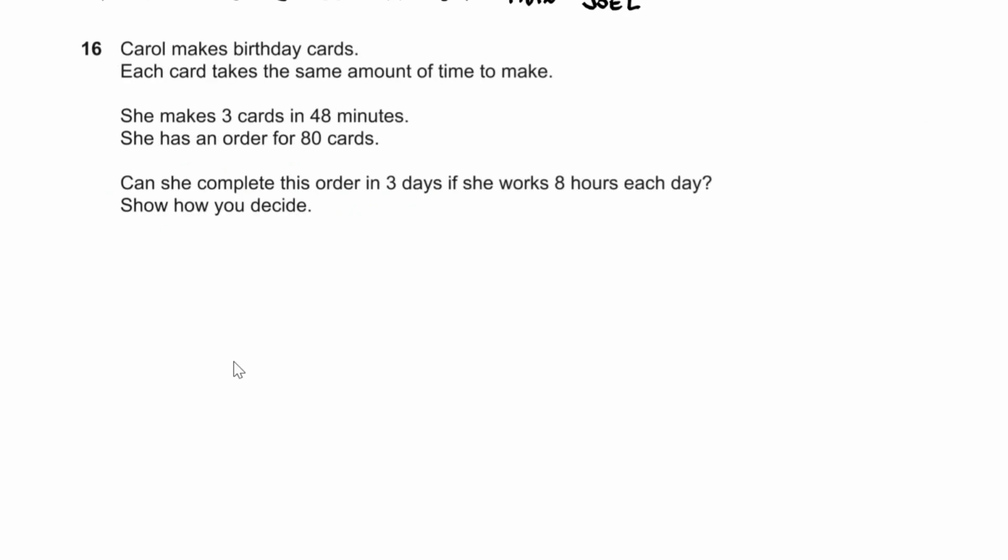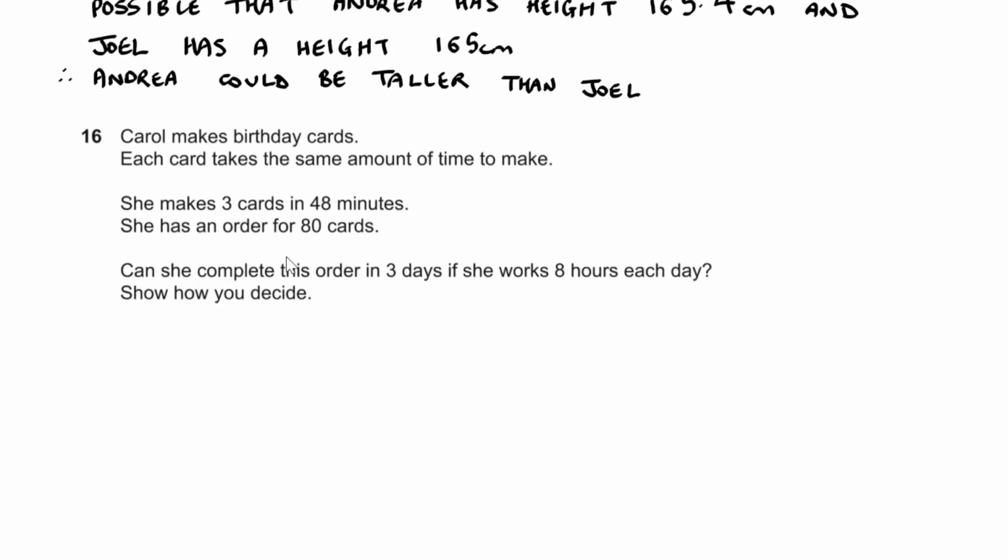Question number 16. Carol makes birthday cards. Each card takes the same amount of time to make. She makes 3 cards in 48 minutes. She has an order for 80 cards. Can she complete this order in 3 days if she works 8 hours each day? Show how you decide.